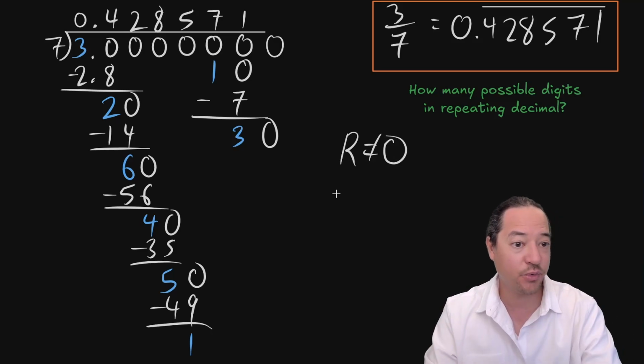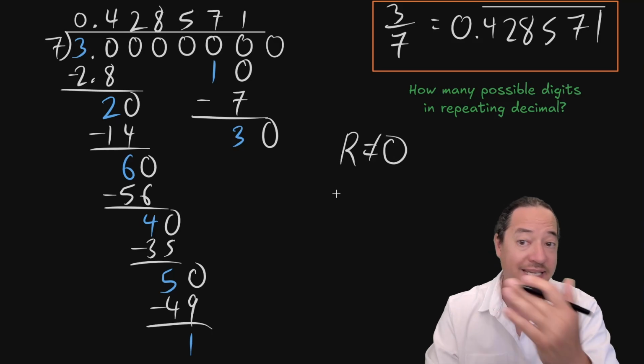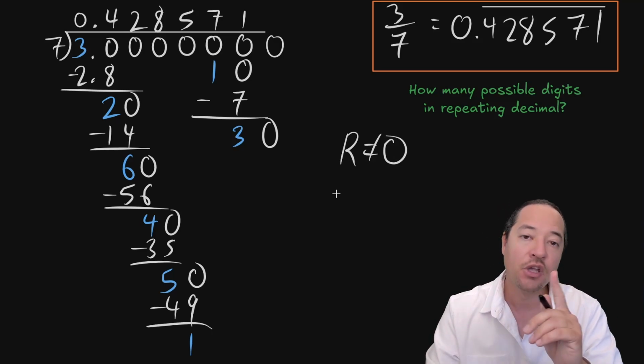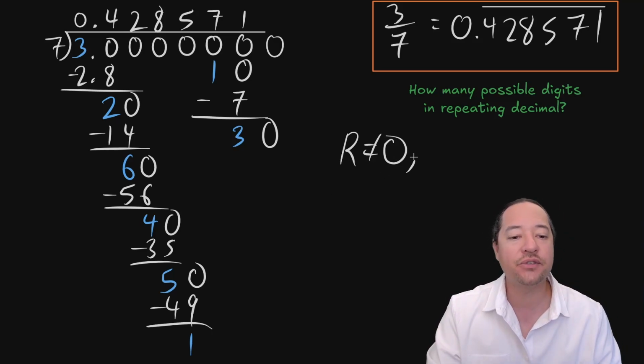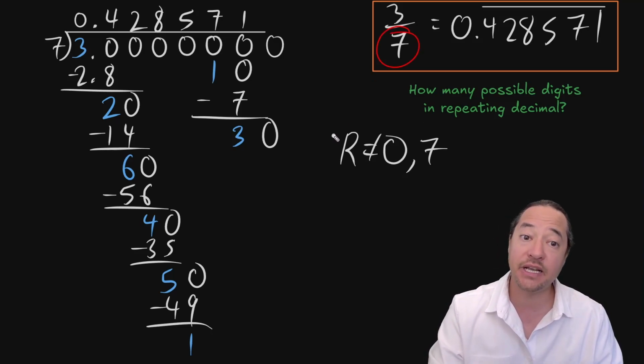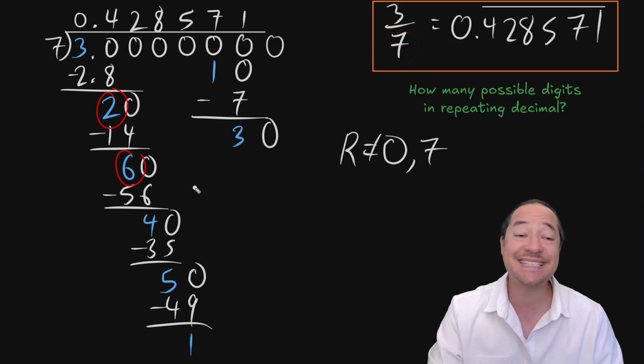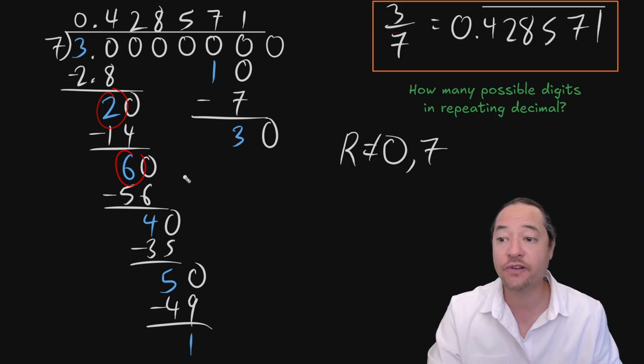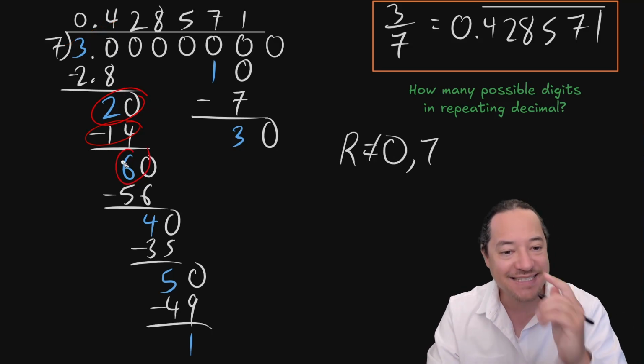We also know our remainder cannot be 7, because that's the denominator. Every time we get a remainder, it's the amount left over after we do some number times 7 and subtract, so it's going to be less than 7.